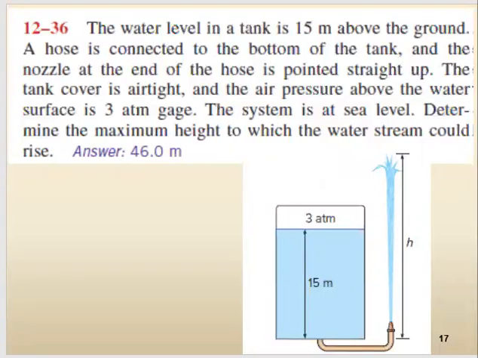The tank cover is airtight and the air pressure above the water surface is 3 atmospheres gauge. When it says 3 atmospheres gauge, it means its absolute pressure is 4 atmospheres. The system is at sea level. Determine the maximum height to which the water stream could rise.